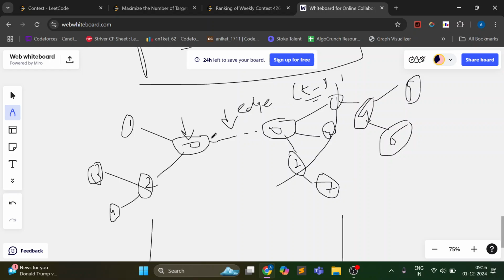Now why k minus 1? Because when you create an edge, the level decreases, there is an additional edge already. So we cannot consider up to level k because that would be added as k plus 1.